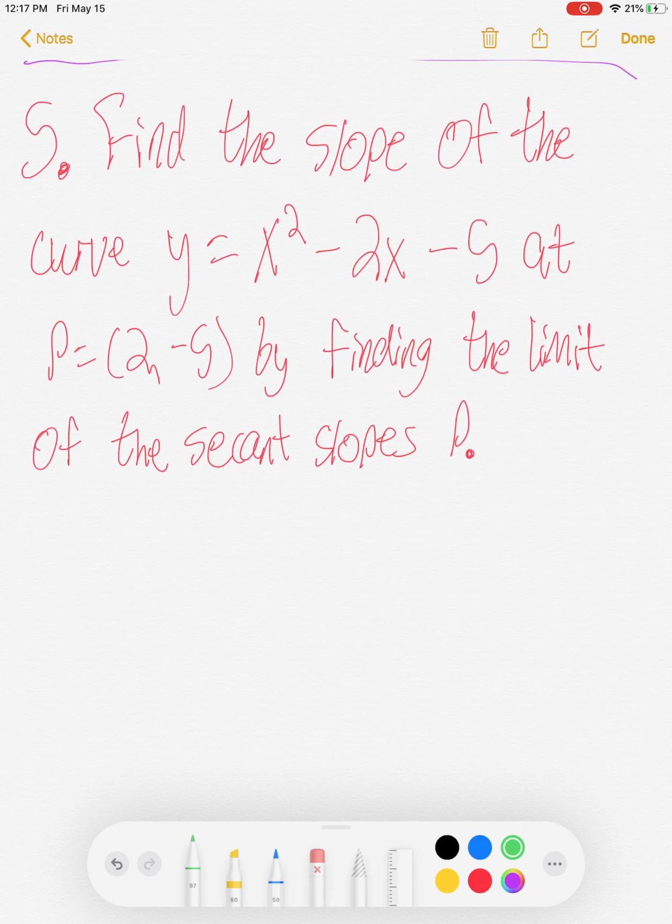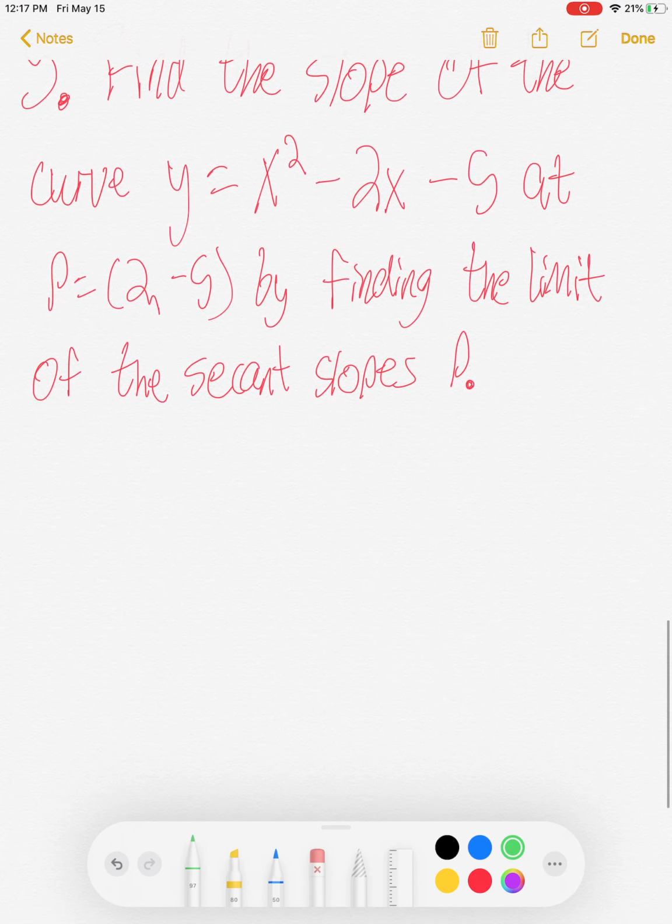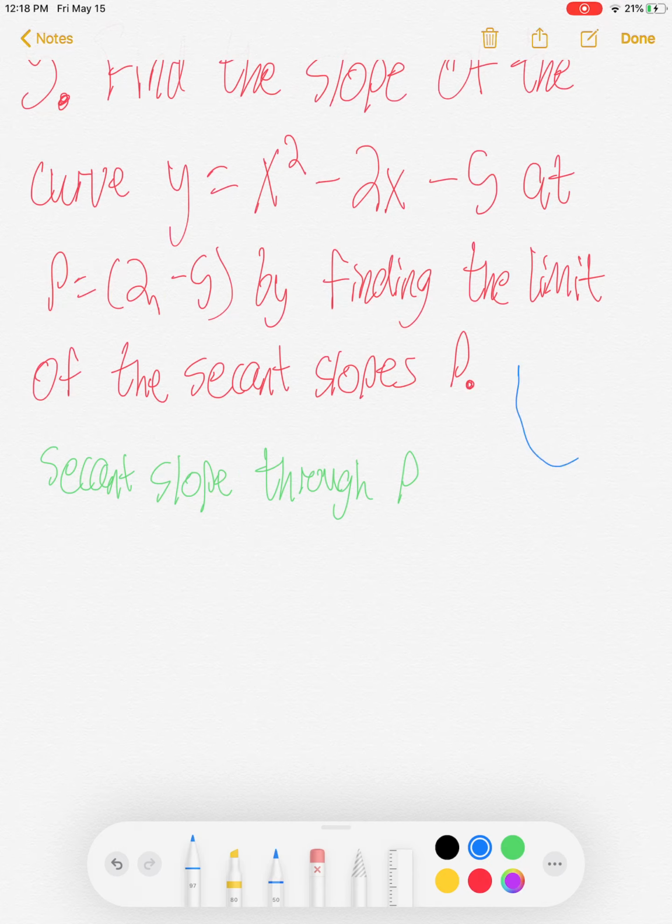So, like we did before, the secant slope through P. If you don't remember what a secant slope is, here we have another parabola. This time it's opening up. So our parabola is something like this.